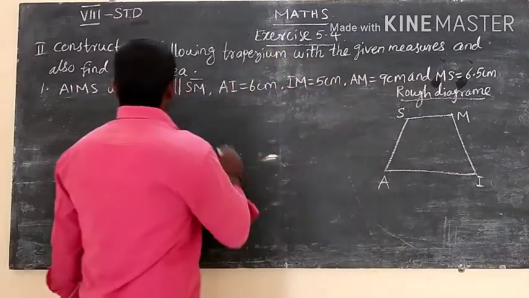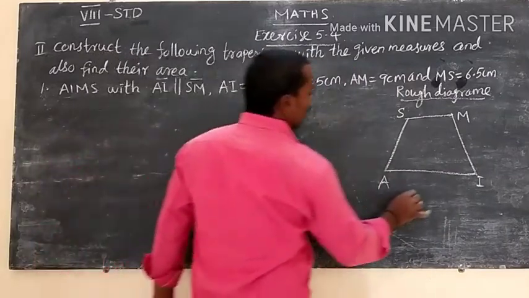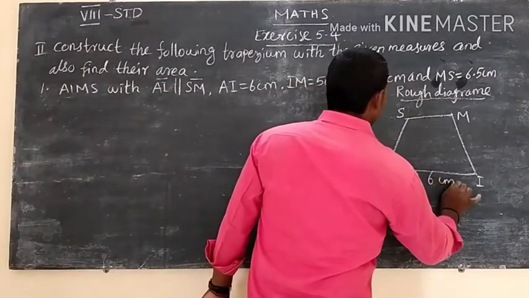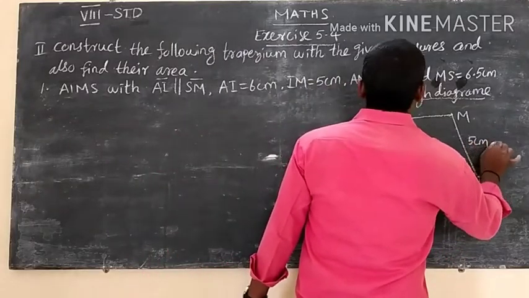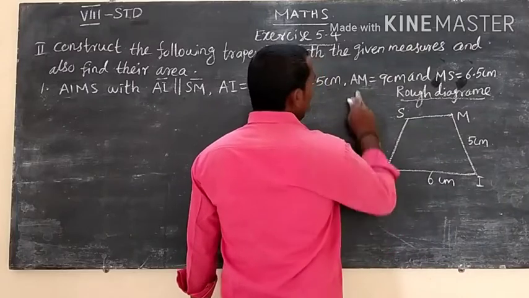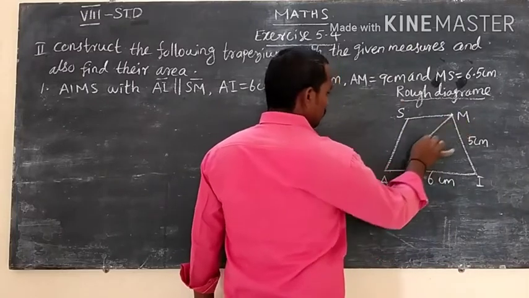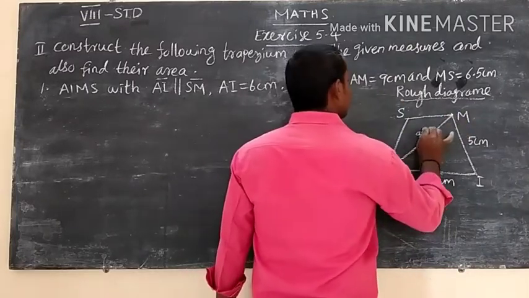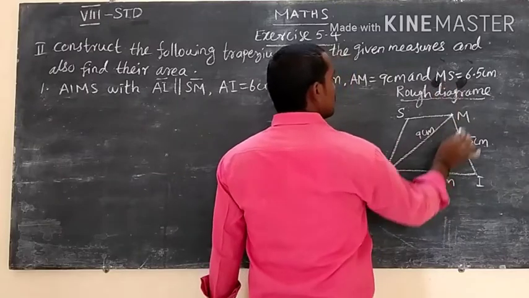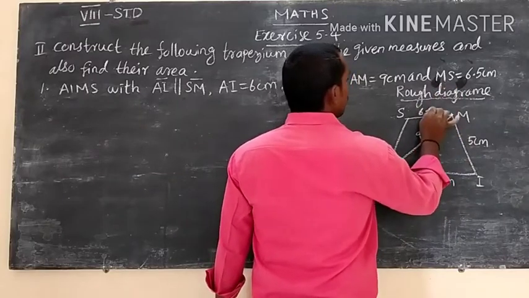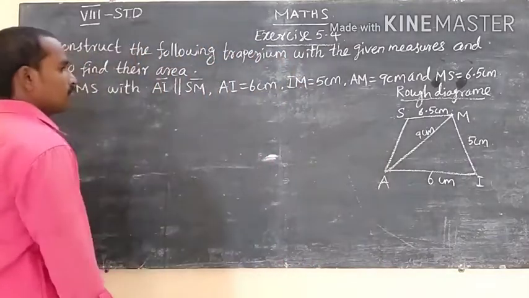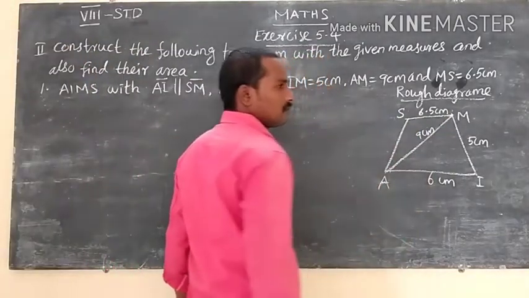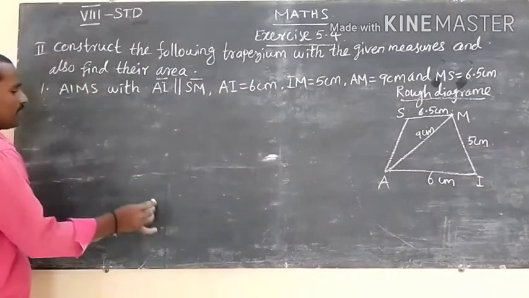AI is equal to 6 cm, then IM is equal to 5 cm, then AM is equal to 9 cm. The diagonal value is given. Then MS is equal to 6.5 cm. That's the rough diagram. Then draw the fair diagram.